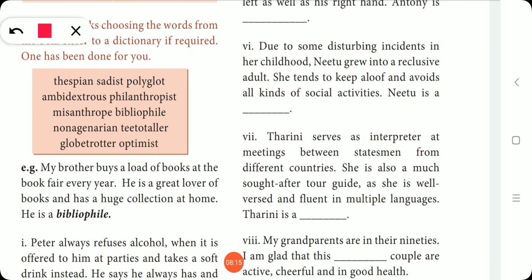Due to some disturbing incidents in her childhood, some disturbing or unpleasant experiences had happened. Neetu grew into a reclusive adult. Reclusive means, what is that? She will not like being with other persons.